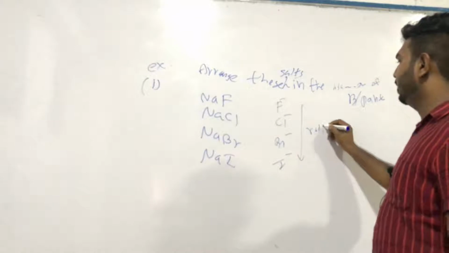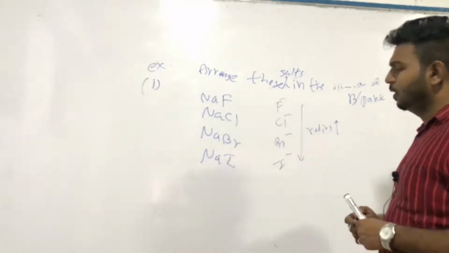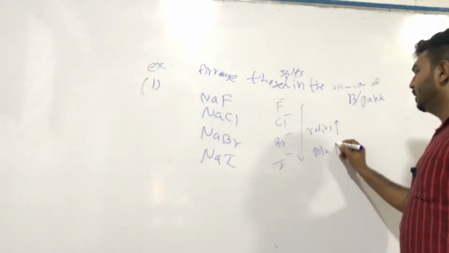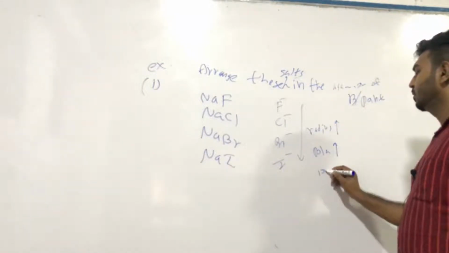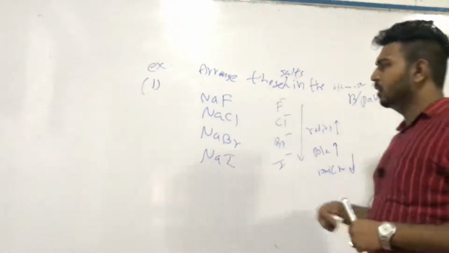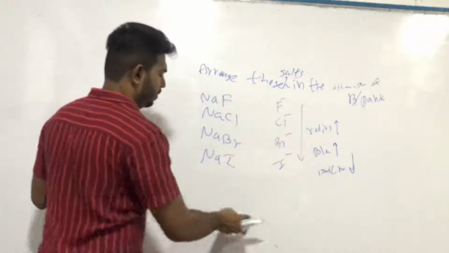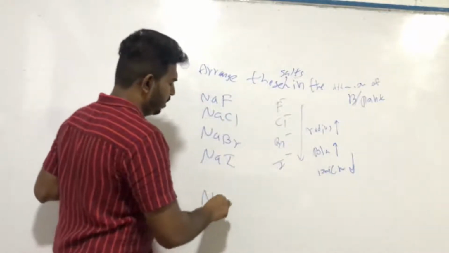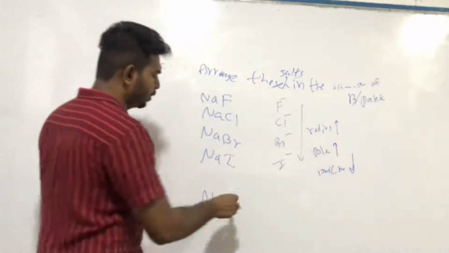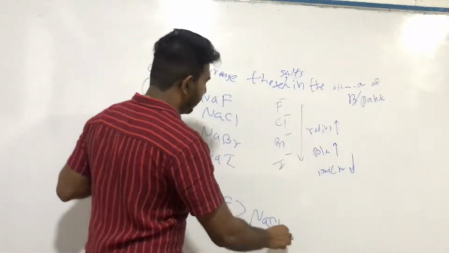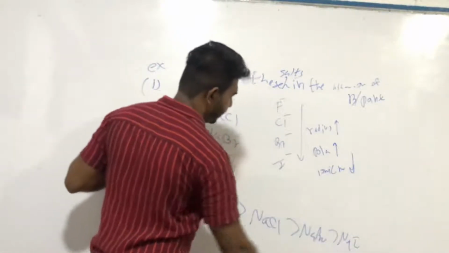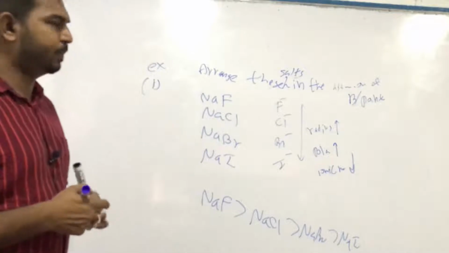Radius increases downwards. Therefore, polarizability increases and ionic nature decreases. So the salt in the first row has the highest boiling point: sodium chloride, sodium bromide, and sodium iodide. So this is the ascending order of boiling point.